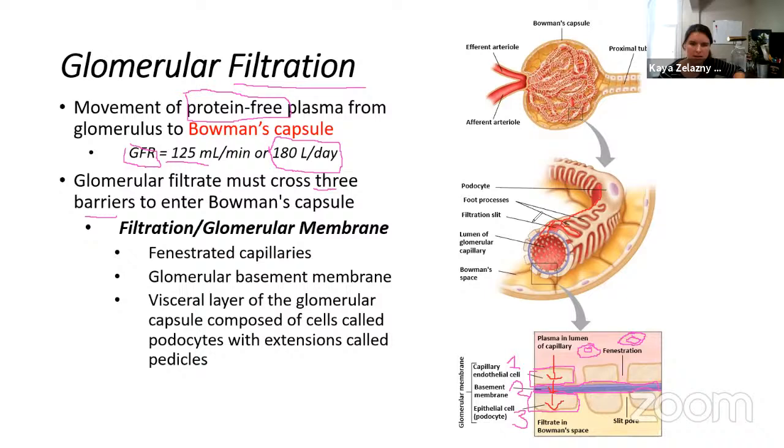They have these filtration slits between the podocytes. So we have these big gaps where it's even easier to get fluid, these contents, into this Bowman's space. So we have 3 layers, but it's pretty easy to get across. We're just not having anything super big like our proteins or our red blood cells getting into the nephron.